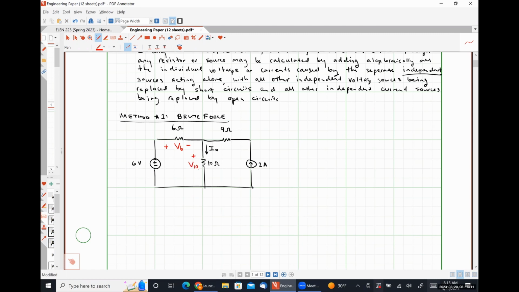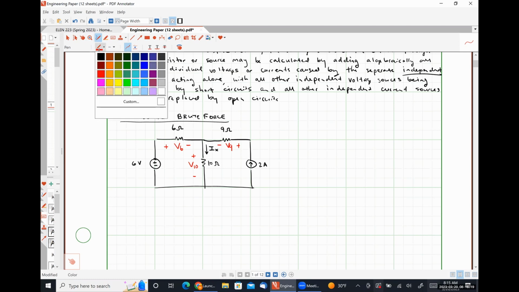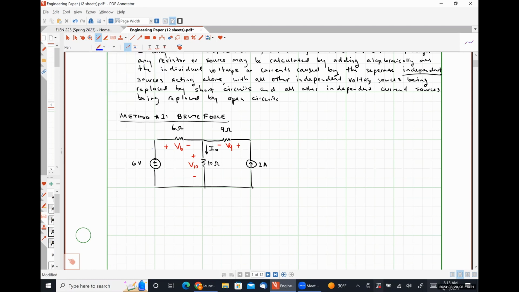I'm going to call this voltage V10. I'm going to call this voltage V9. I'm going to call this current I6. And I'm going to call this current I9.